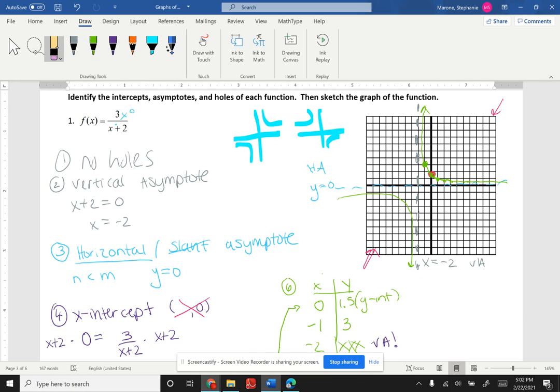Just try to make it look like it's going near the horizontal asymptote and the vertical asymptote. It doesn't have to be perfect, but just so that I know that you know that there's a graph here, and that it is a pain in the hiney to go through all that work. So we can do that. I'm going to do the problems that way when I do them for the classwork.